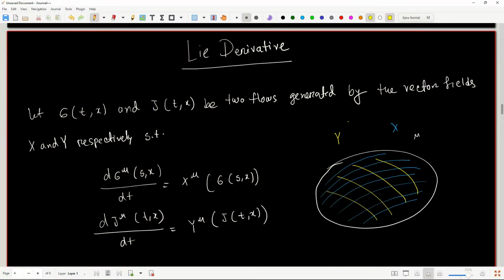So what we want to do is compute the change of the vector field y along the flow direction of x.